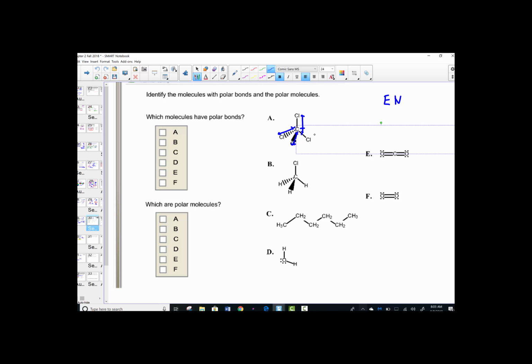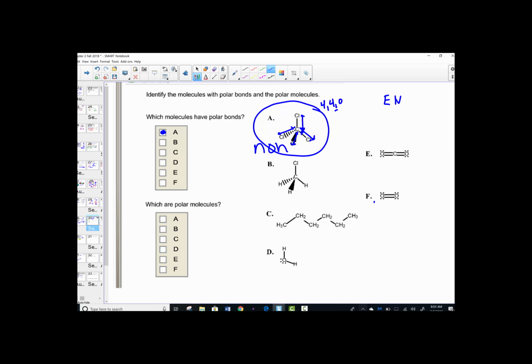So the dipole moment exists pulling out. So definitely a polar bond in letter A. However, the molecule with its 4-4-0 tetrahedral geometry, because absolutely all four domains are attached to the exact same element, the distribution of charge being pulled away from the carbon is identical in all directions, so the molecule is non-polar.